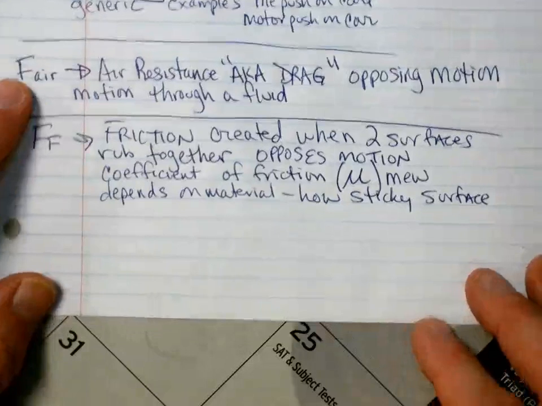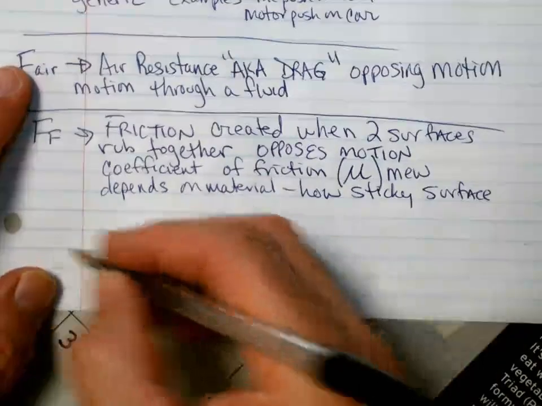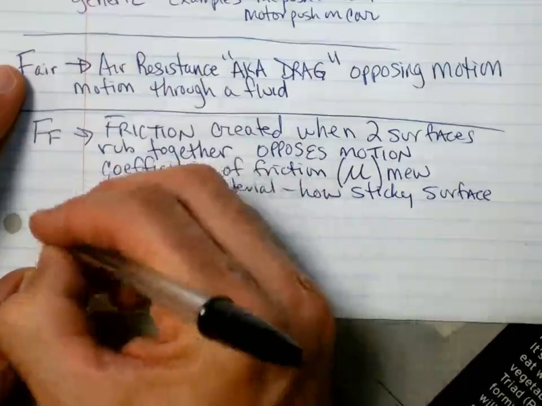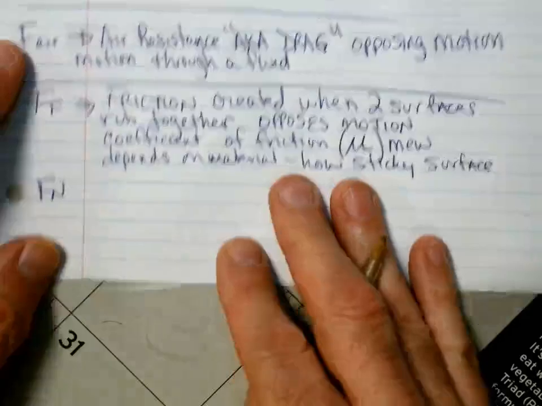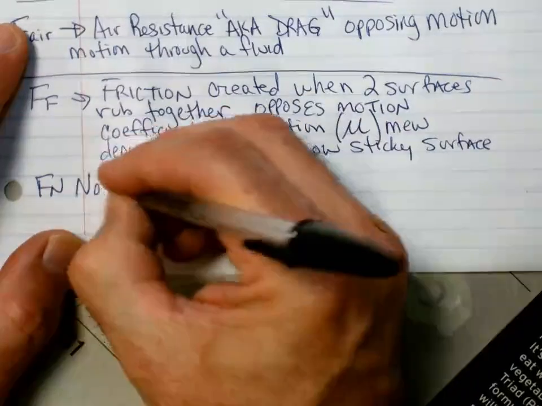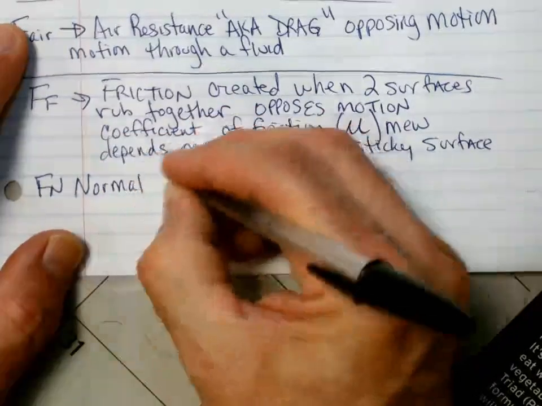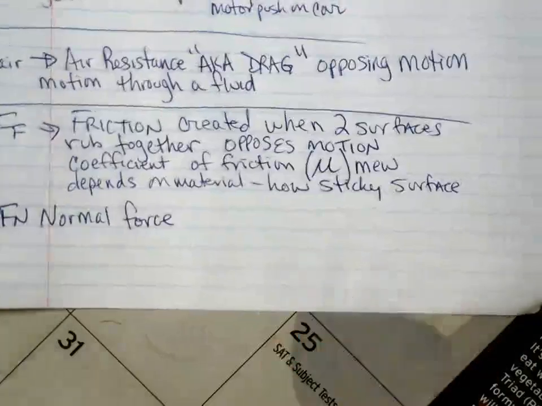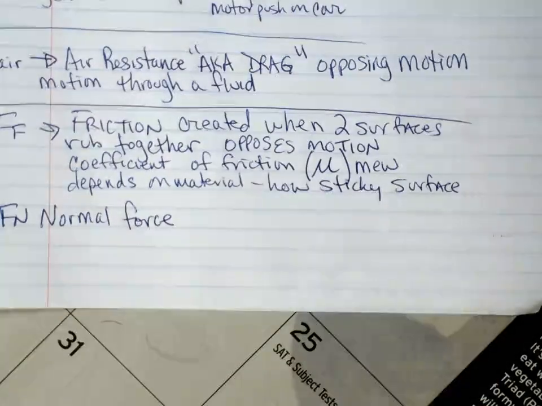It's just a number that tells us how sticky things are. And it affects friction. And there's one other thing that affects friction, which is the normal force. So another force is the normal force. I'm almost out of paper here. It's not called the normal force because it's opposed to a weird force or an atypical force or something.